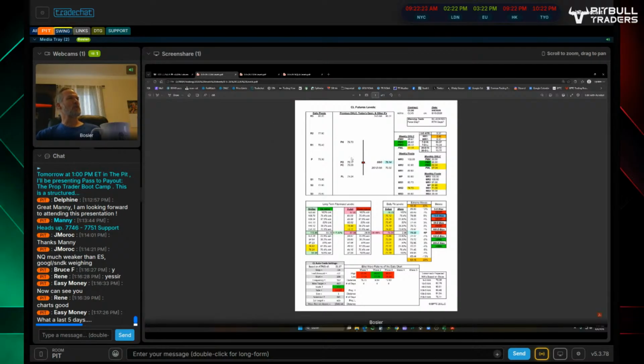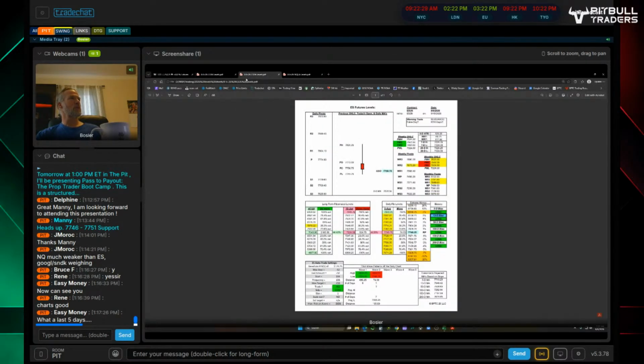In a similar way here, the ES flipped to, for me, a long only filter 2 days ago.